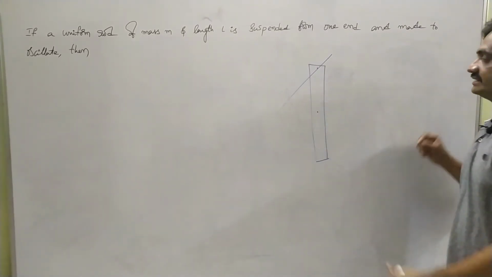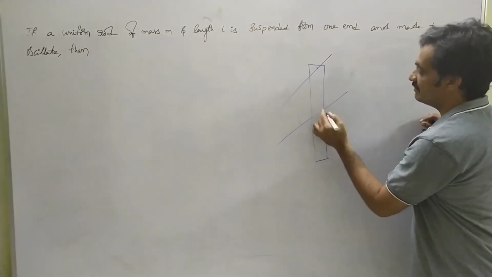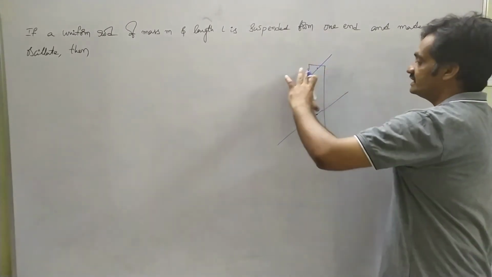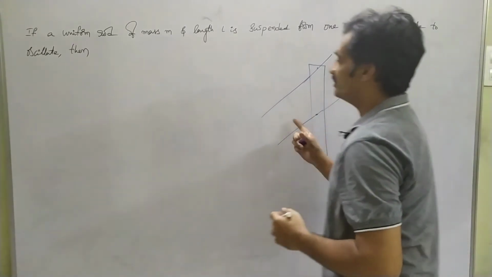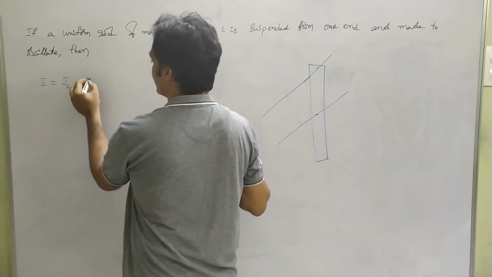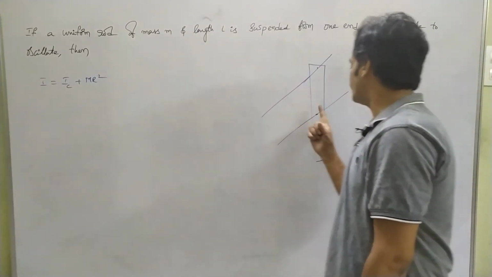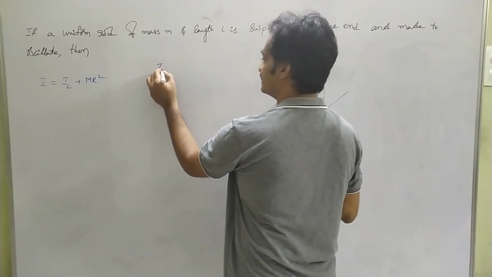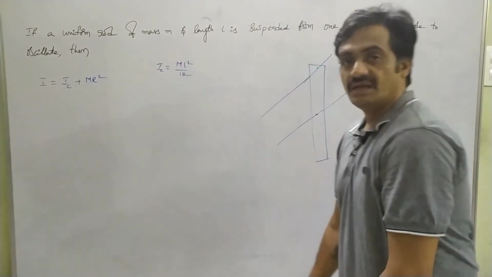About this axis, whereas the center of mass axis passes through the center of the rod. Since we have two axes which are parallel, the moment of inertia is given as I equals I suffix c plus mr square, where the moment of inertia of the rod passing through its center is I suffix c equals ml square by 12.